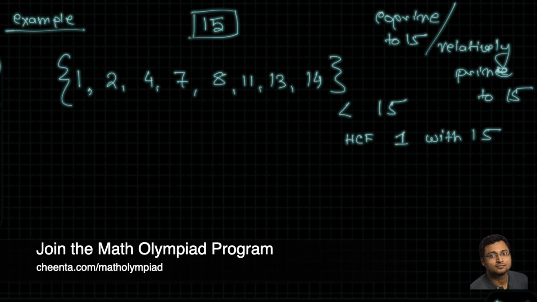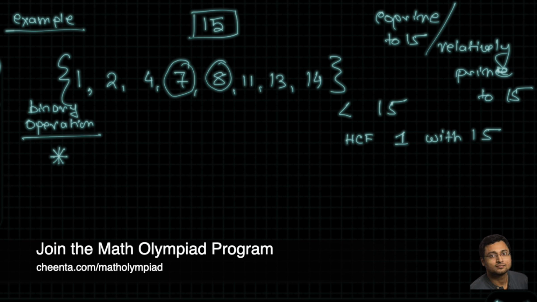now that we have this set, we will define an operation. In fact, sometimes known as binary operation. We call this operation star, and I will tell you what it is. If you take any two elements, 7 and 8, let's say, again an example, and if you want to compute 7 star 8, then it is a two-step process, step 1 and step 2.